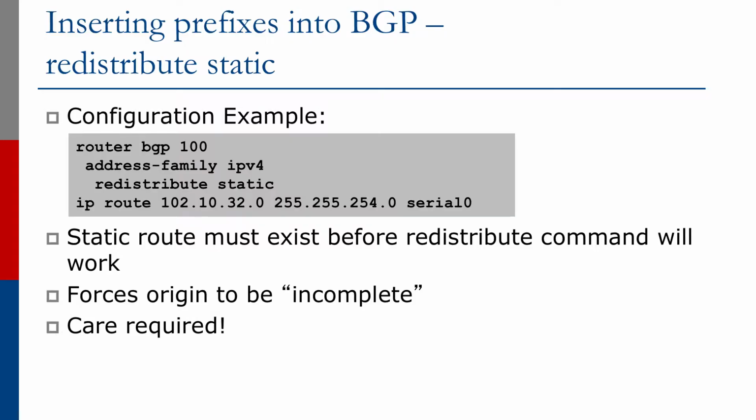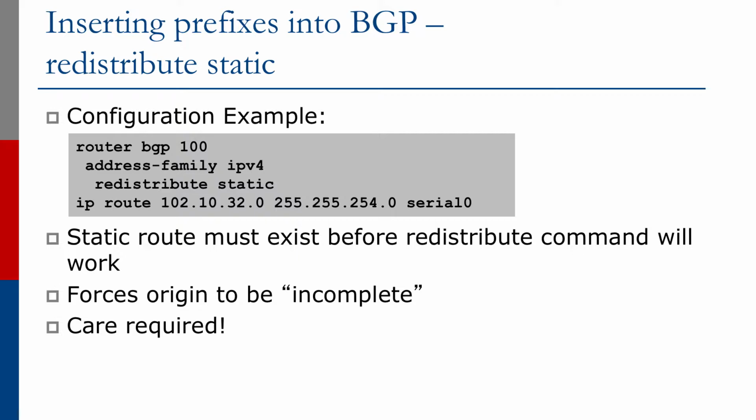Right? So for example, BGP will have its own RIB, ISIS has its own RIB, OSPF has its own RIB, and of course static routes are entered directly into the global RIB as well. So what the redistribute static basically says, lift the static routes out of the global RIB and introduce them into BGP's RIB.